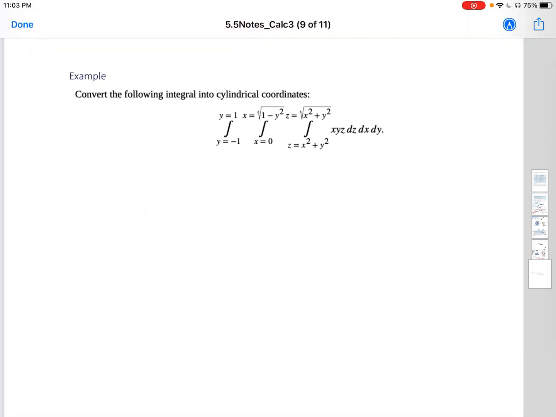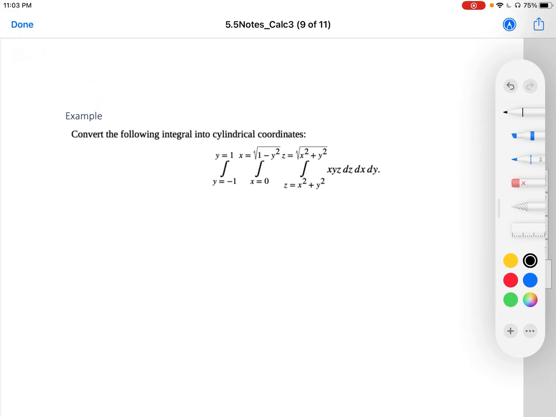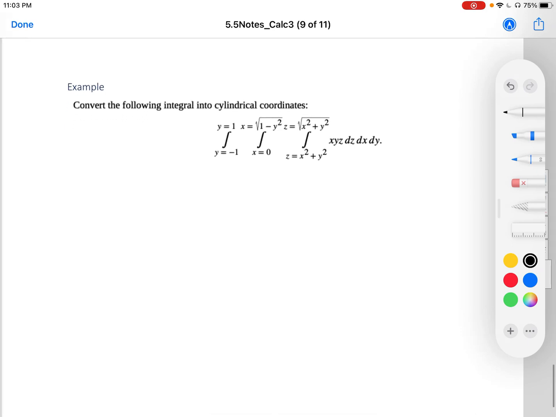One more example. Convert the following integral into cylindrical coordinates. Okay, so we're going to rely a lot on that beginning chart again. So our goal is to integrate, and let's set up our integrals to what we're going to have.